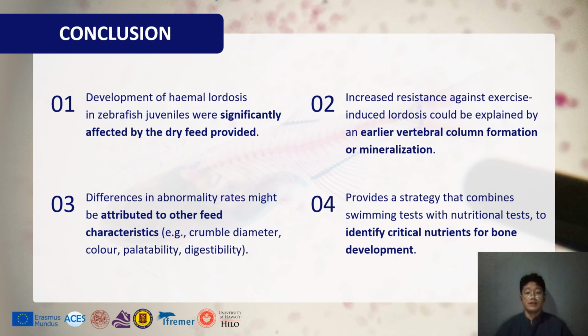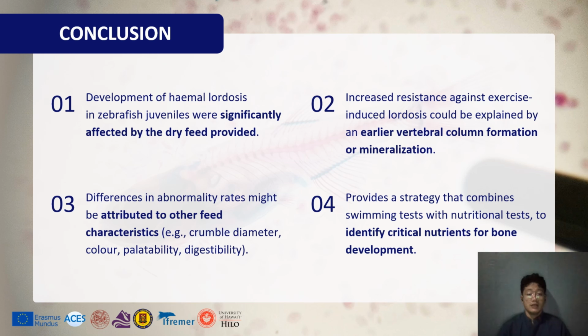In conclusion, the development of Haemal lordosis in zebrafish juveniles was significantly affected by the dry feed provided. In addition, earlier vertebral column formation or mineralization due to the dry feed increased the resistance of fish against exercise-induced lordosis as presented in this study.